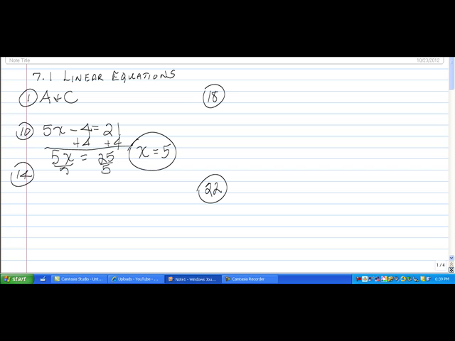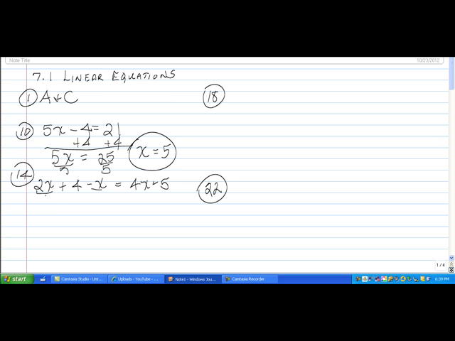Okay, in number 14, we have, I'm having trouble getting my book in position here, 2x plus 4 minus x equals 4x minus 5. So what we want to do is gather our x's together on the left.